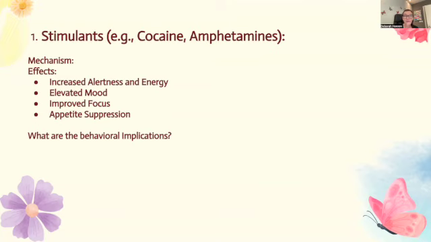The other one would be improved focus. Stimulants can enhance concentration and cognitive performance in the short term. And appetite suppression: some stimulants reduce appetite, which can lead to weight loss. But what are the behavioral implications of stimulants? Well, abuse of stimulants can lead to addiction, erratic behavior, aggression, and potentially harmful physical effects such as cardiovascular issues.